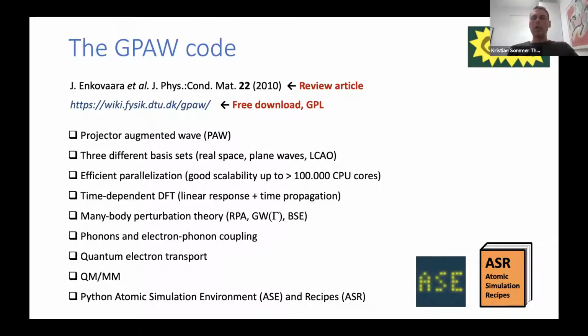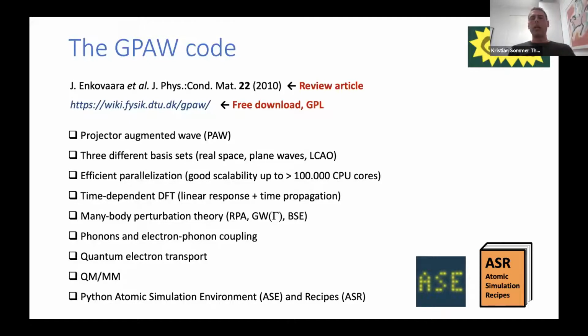You can work with a real space grid, which is very efficient if you have large systems, because you can parallelize efficiently over real space domains. It also has plane waves that are very efficient for smaller periodic calculations. And then it has numerical atomic orbitals, so we call LCAO, linear combination of atomic orbitals, similar to the Siesta code, if you know that.